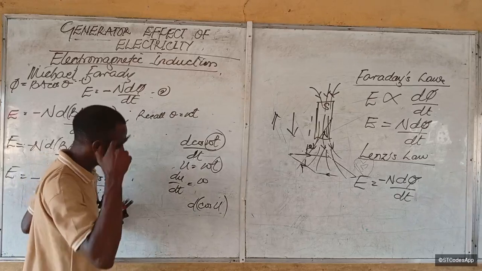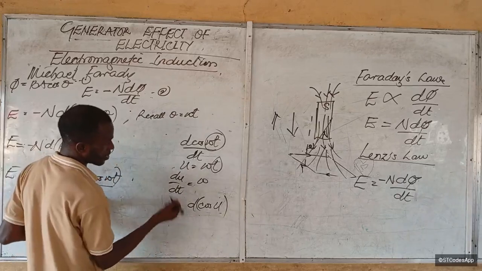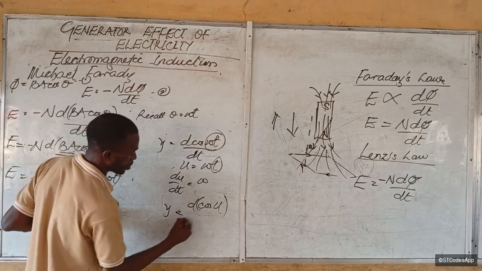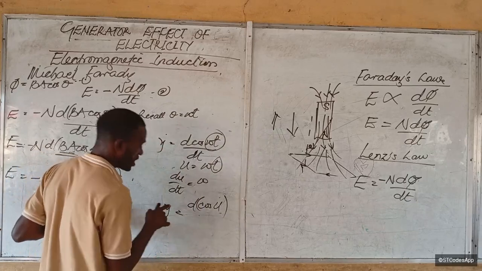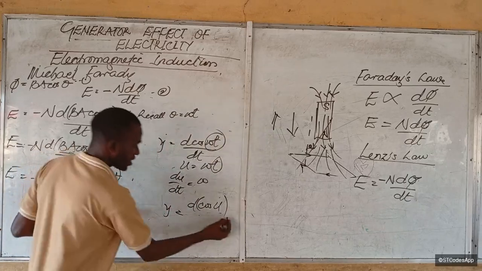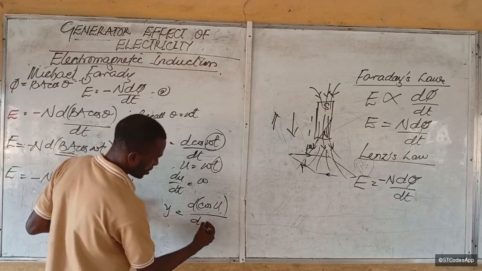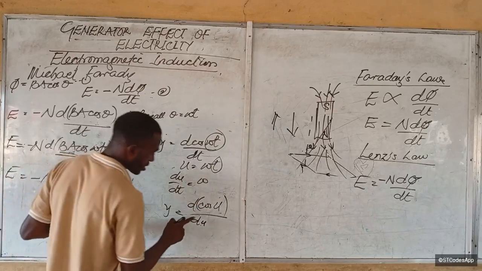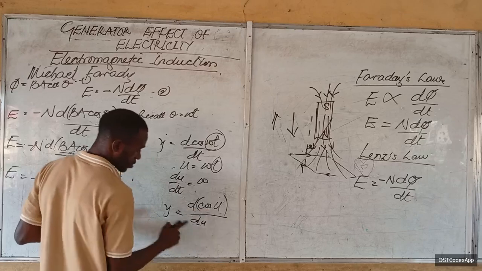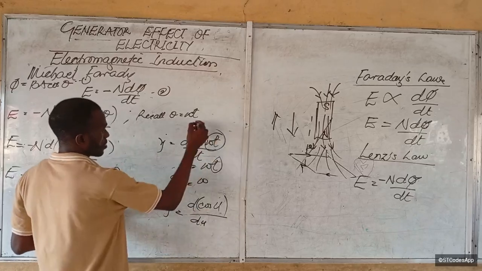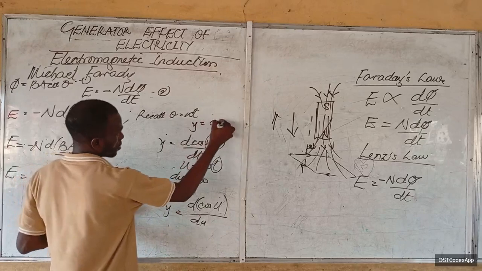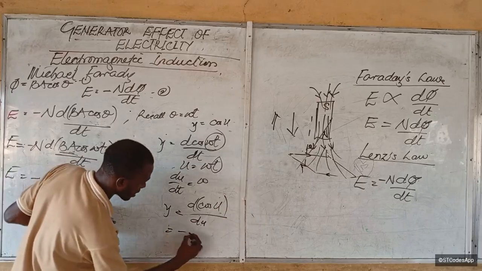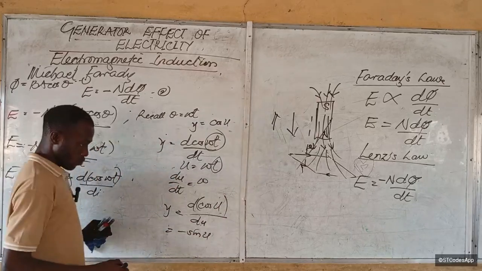It's exactly the same thing, it's just that I didn't equate this. So if our function was y equal to cos u, then what we're doing is basically dy/du. Does that make sense now? Since y is cos u, by the time you differentiate that, you are going to get minus sine u.